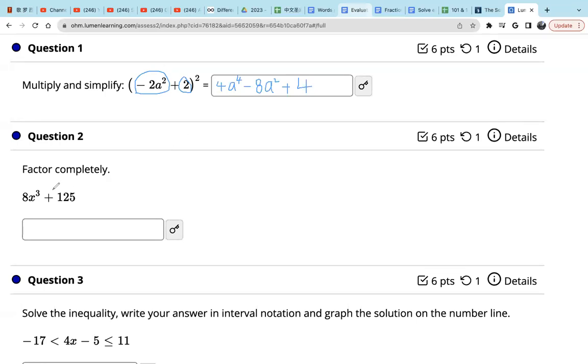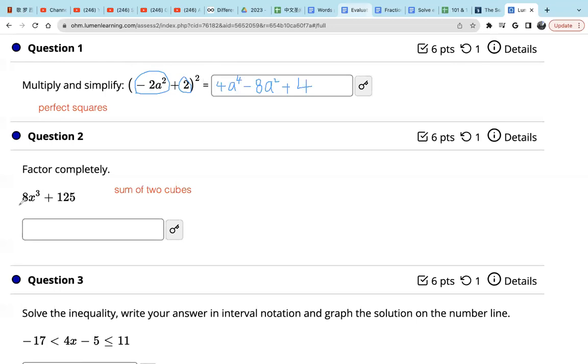Second one is called sum of 2 cubes. The first one is called perfect squares. Okay. Number 2 is sum of 2 cubes. When it is raised to the 3rd power, we call it a cube.